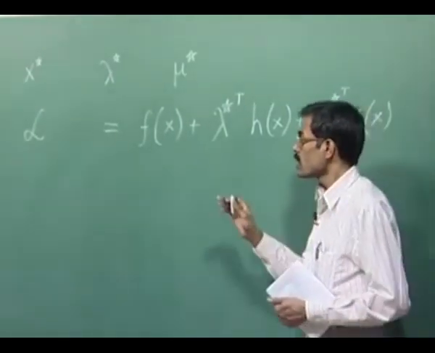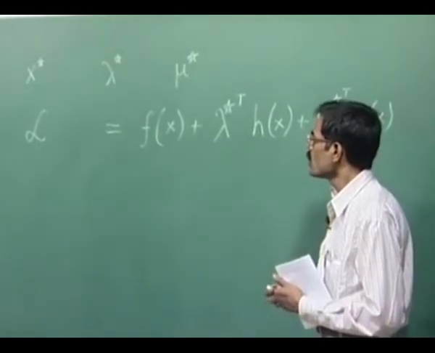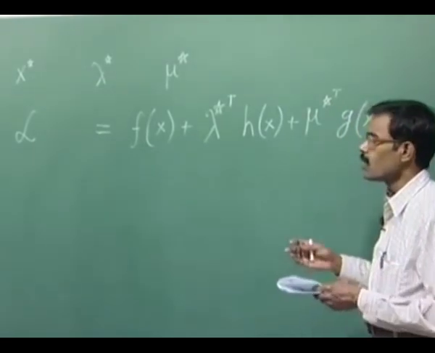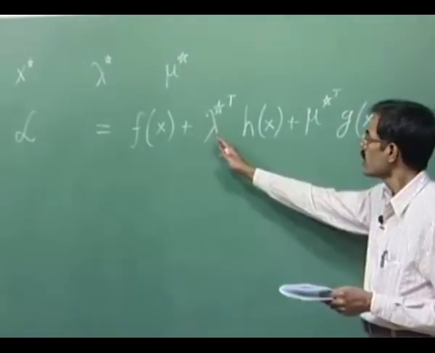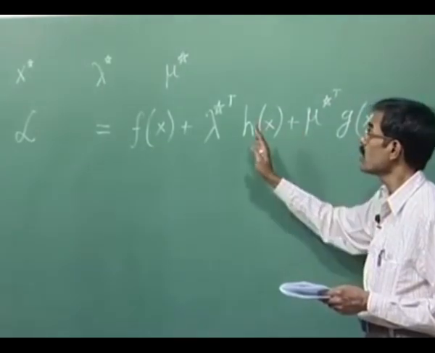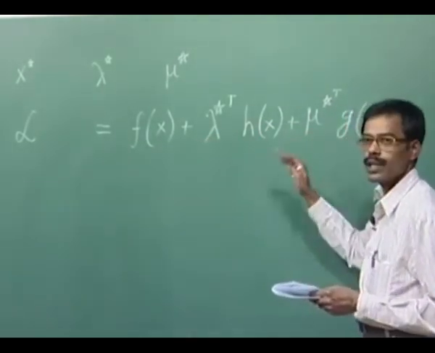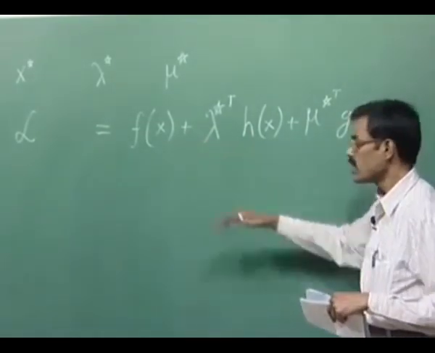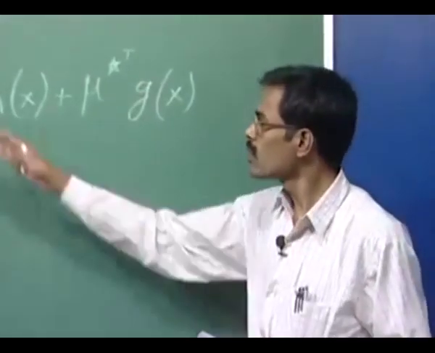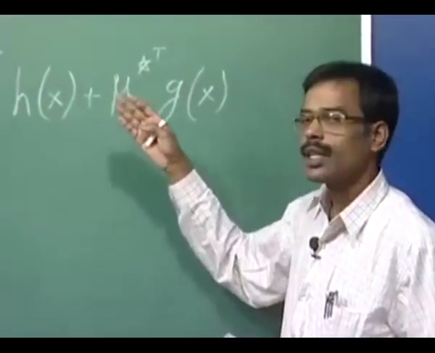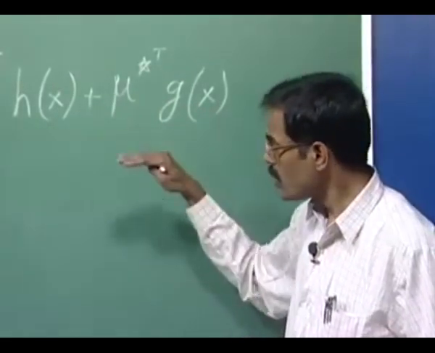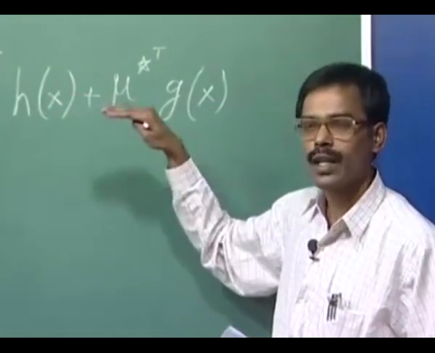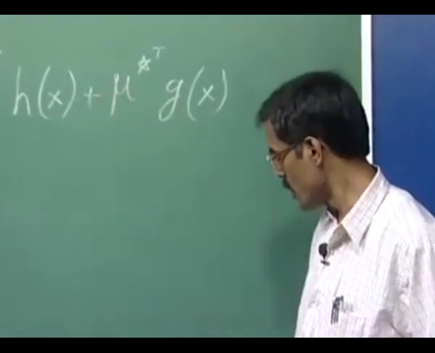Now note that that is the first order condition. If we get this as the solution and then we try to vary these numbers, whatever the Lagrange multiplier values lambda star and mu star at the solution point, around that point if we try to vary these multipliers, we treat them as general lambda and mu, with the specific values of those variables at the solution point being lambda star and mu star.